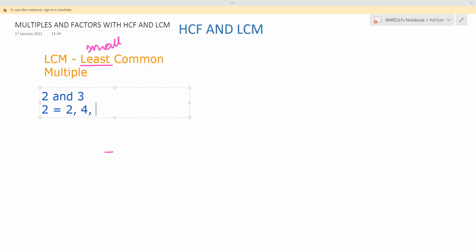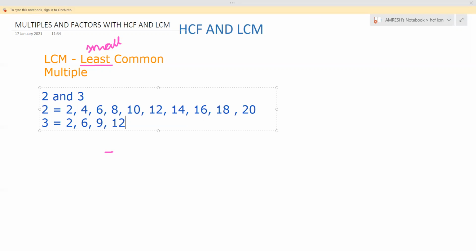Multiples of 2: 2, 4, 6, 8, 10, 12, 14, 16, 18, 20. Now 3: 3, 6, 9, 12, 15, 18, 21, on and on.